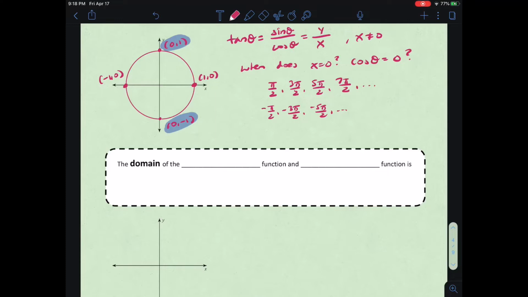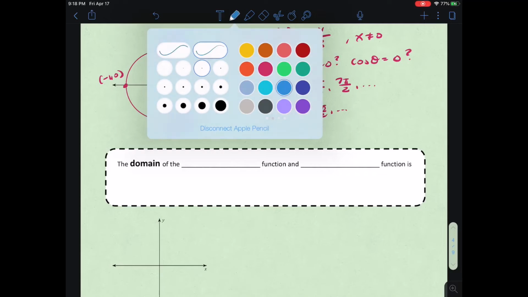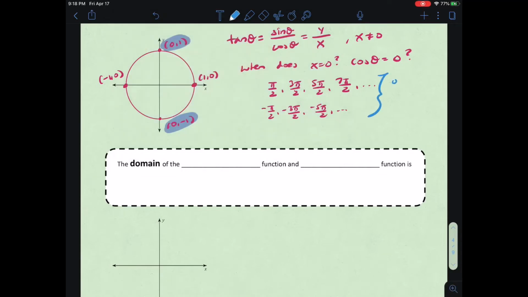The angles that make the bottom 0 would be odd multiples of pi over 2. And so the domain of the tangent function will just be all real numbers except odd multiples of pi over 2.